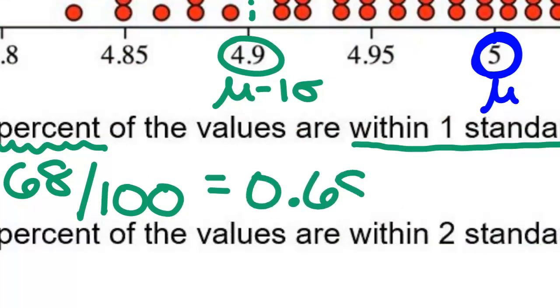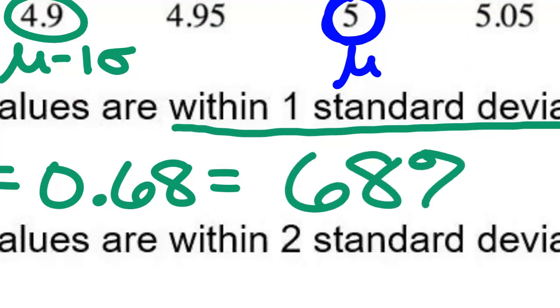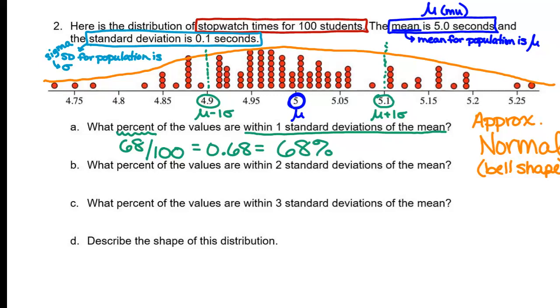I'd get 0.68, which is 68%. So 68% of all of those dots fall between one standard deviation on either side of that mean. So most people got that close, right? More than half of them.